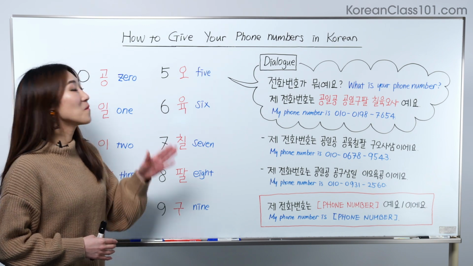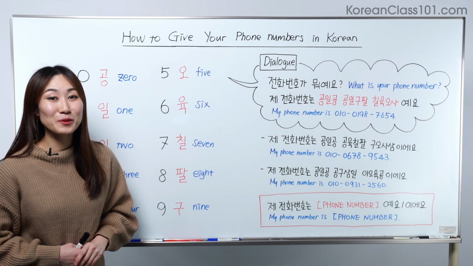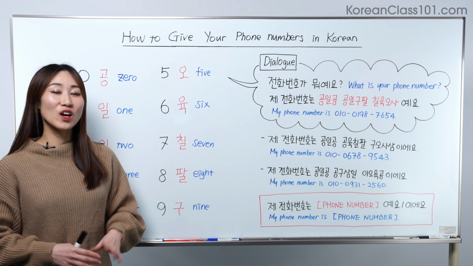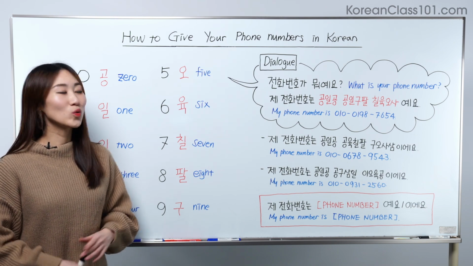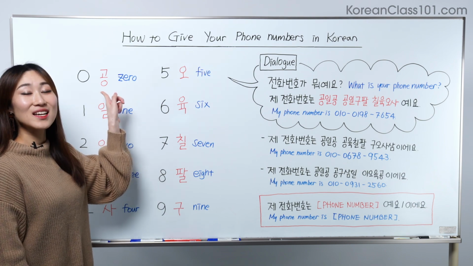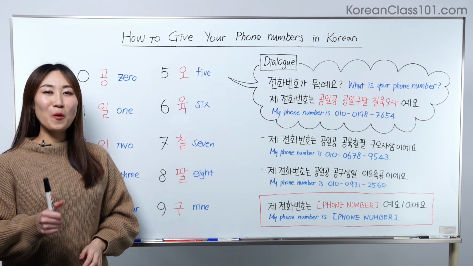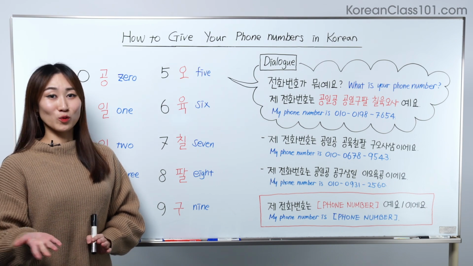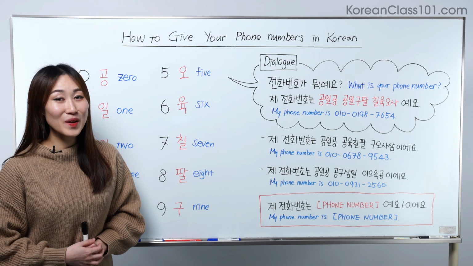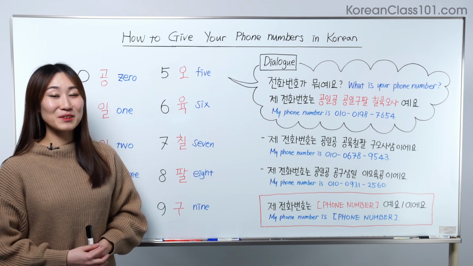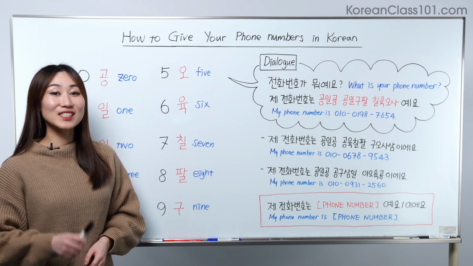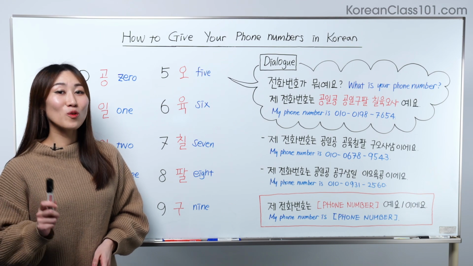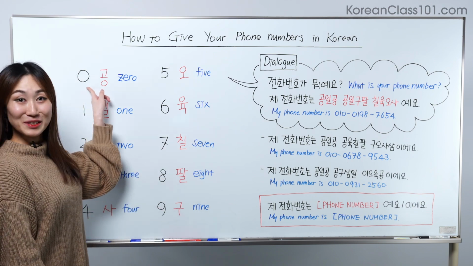Okay, so first we have 0. In Korean, it is 공. It means 0. Do you know 공 has another meaning, which is a ball? A ball used for soccer, baseball, basketball. That ball looks like 0.